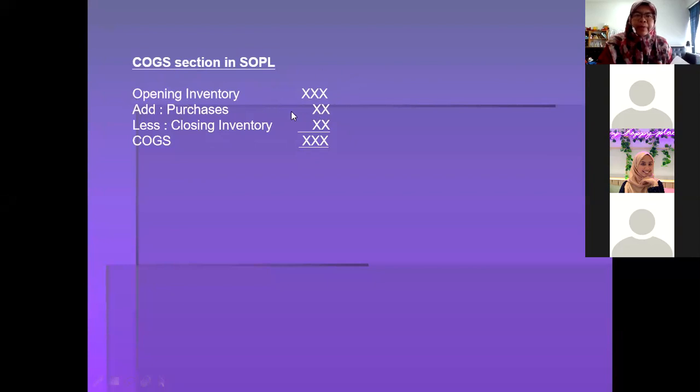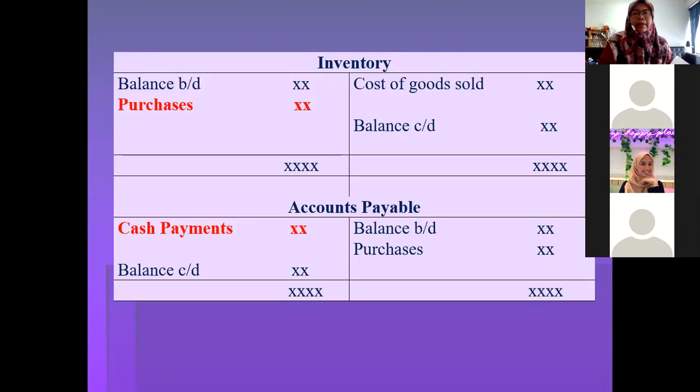So they will be on the same side. Since this is actually the summary of inventory account now, this is debit, this is also debit of your inventory. Bila ada closing inventory, meaning on the other side. So in the inventory account, closing inventory will be on the credit side of your inventory account.